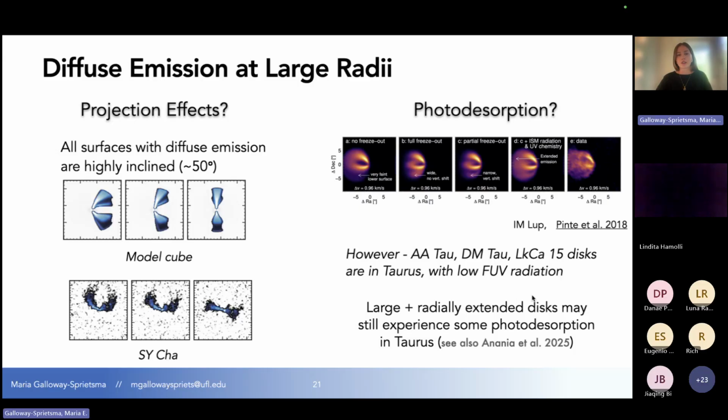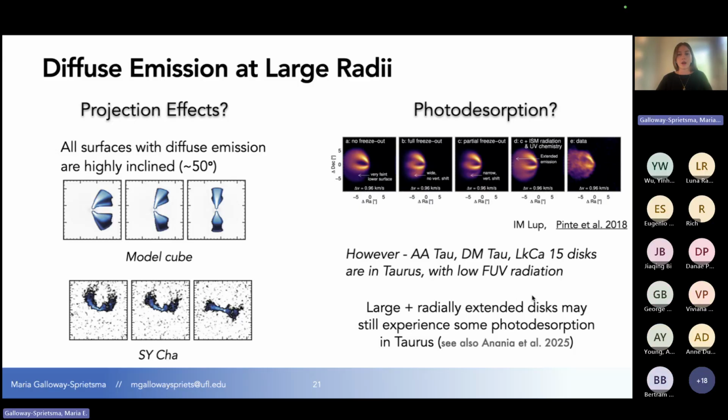So this work is showing that perhaps large and radially extended disks are still being photodesorbed even in low FUV regions like Taurus. And this is interesting, with implications for how disks differ throughout star-forming regions and how the star-forming region can have an impact even on the planet formation process because it's directly impacting the disk.